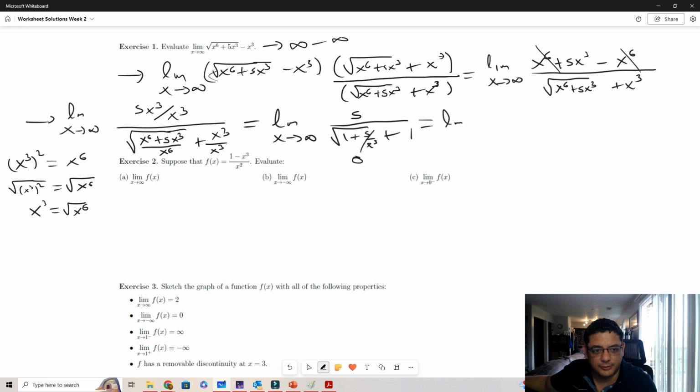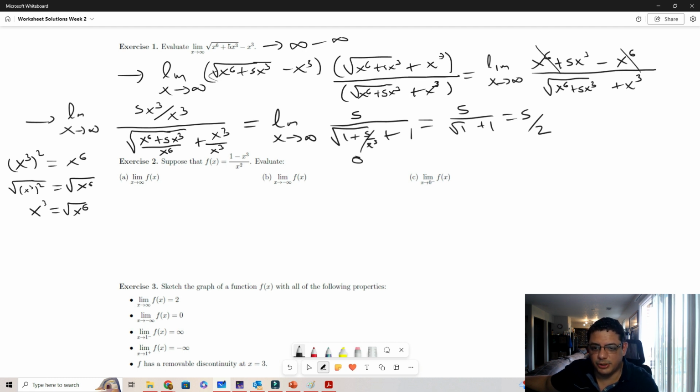So since I'm plugging in the infinity already, and this part is going to 0, this becomes 5 over the square root of 1 plus 1, and so this is 5 over 2. That'll be the limit for number 1.